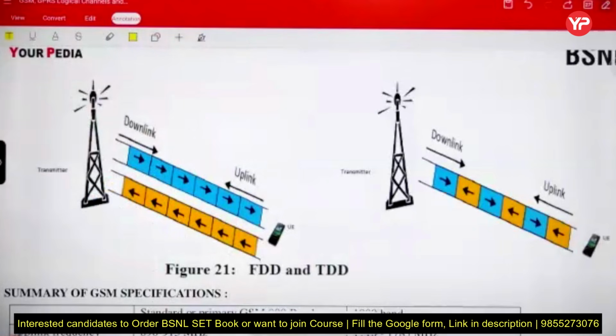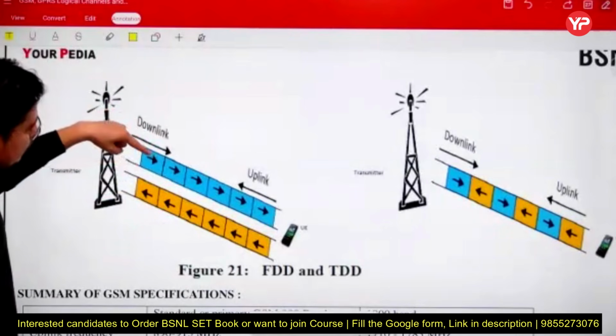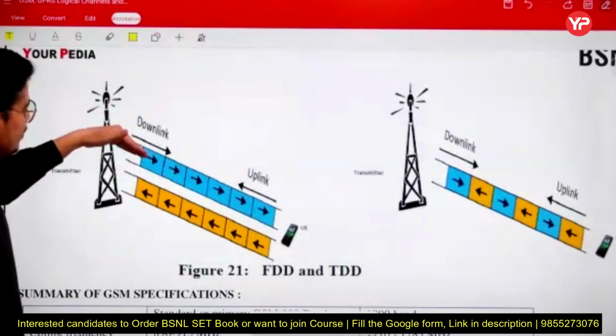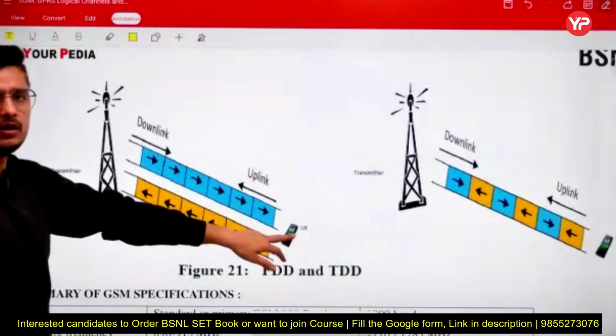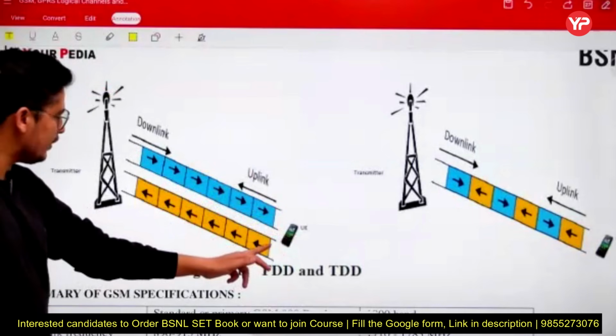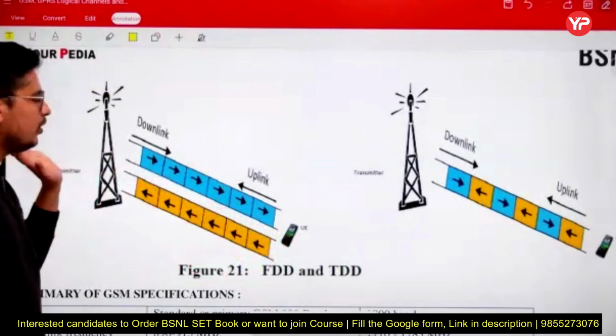See, basically, frequency division duplexing means what? In FDD, we have a separate channel for the downlink, meaning we transmit the information separately from the tower to your mobile. The other frequency band, provided for the uplink, sends the information from your mobile to your tower.